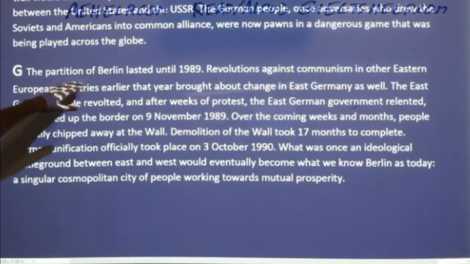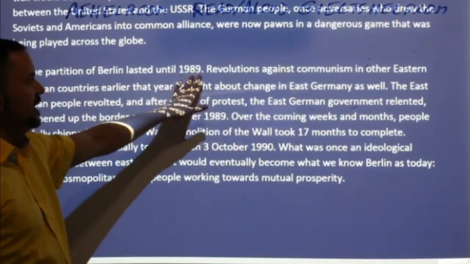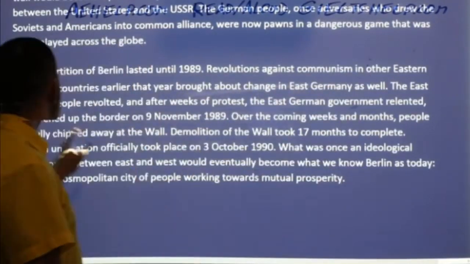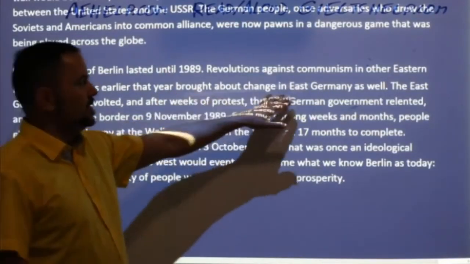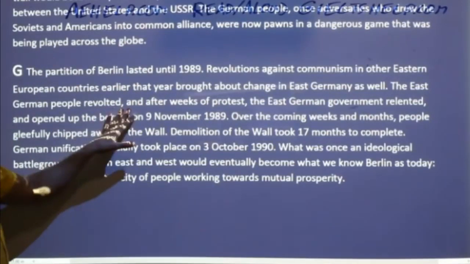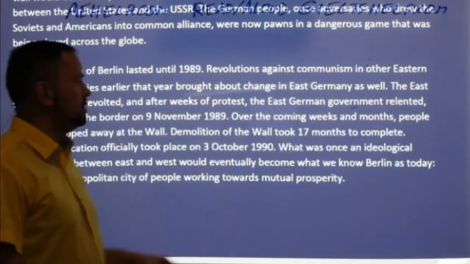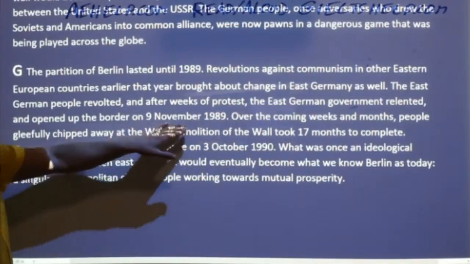The partition of Berlin lasted until 1989. Revolutions against communism in other Eastern European countries earlier that year brought about change in East Germany as well. The East German people revolted, and after 2 weeks of protest, the East German government relented and opened up the border on 9th of November 1989.